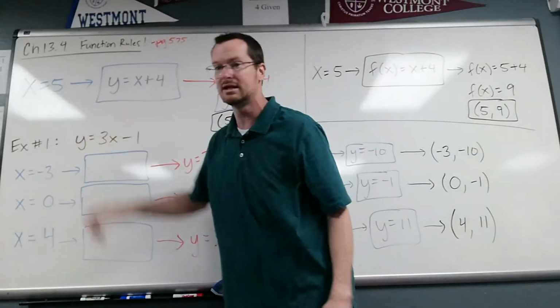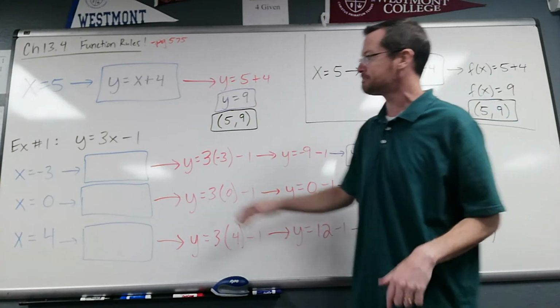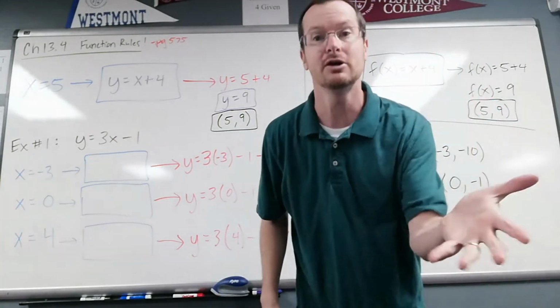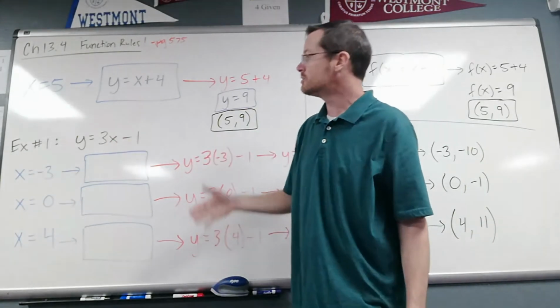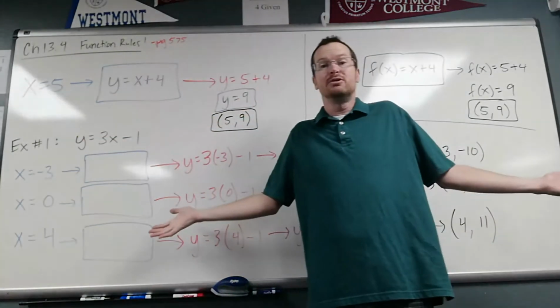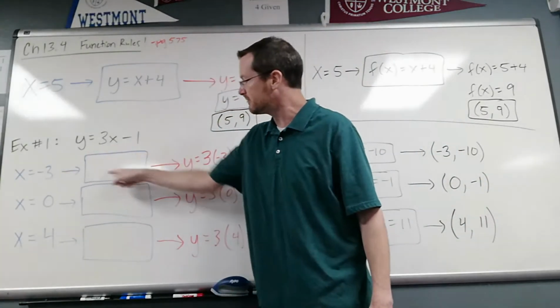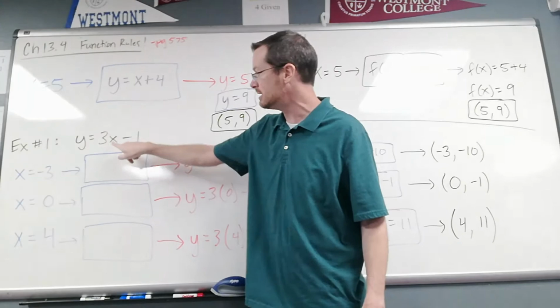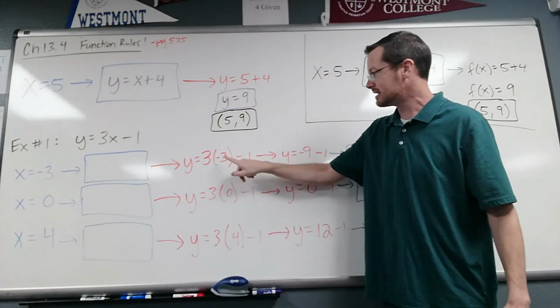So if we were to look at example number 1, we're on chapter 13.4, example number 1. They're saying the function is y equals 3x minus 1, right? So if we know the function, then what happens when we plug some of this stuff in? Let's find out. If you plug in a negative 3 into our function box, 3 times negative 3.